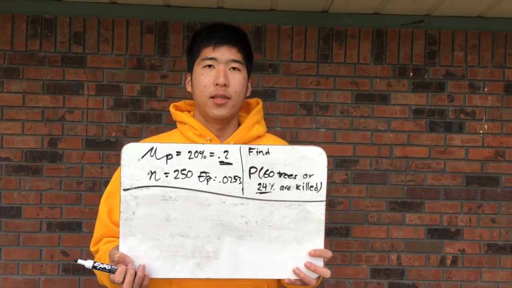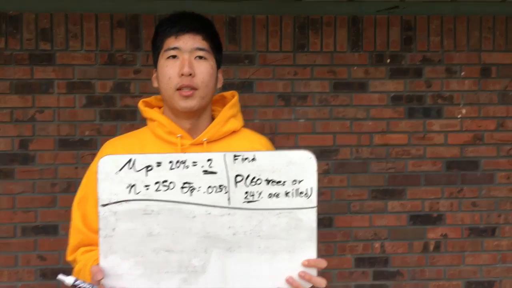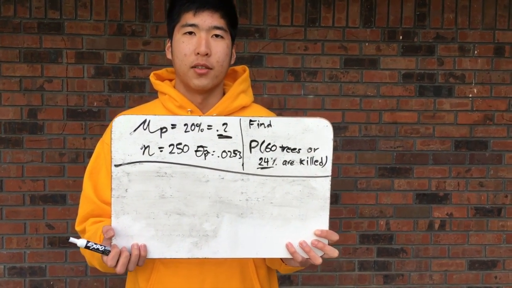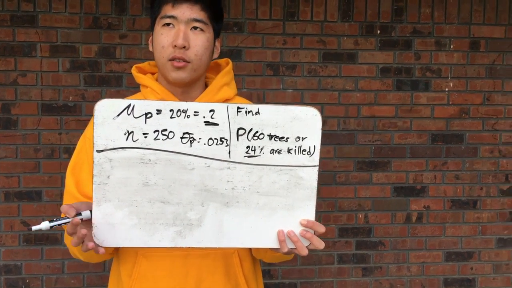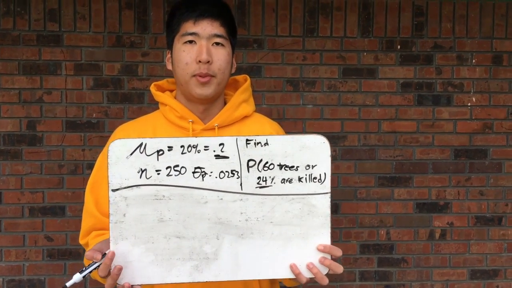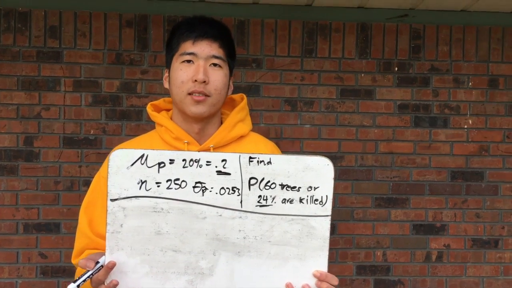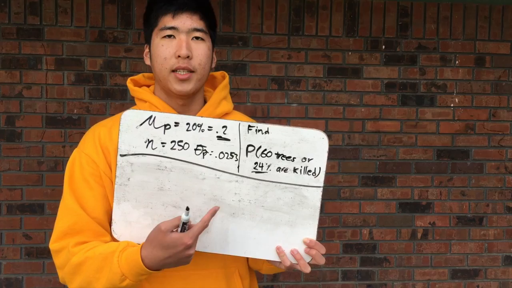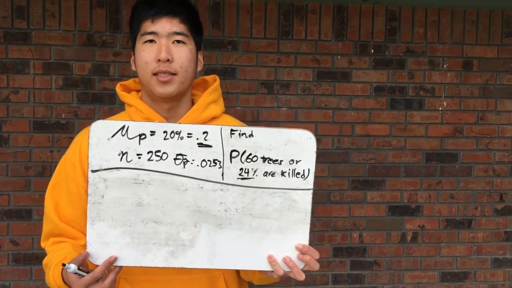Now that we've established the mean and standard deviation of our sample, part B says 60 trees are to be killed, or 24% are to be killed. We're looking for the probability that 24% is going to be killed. Now that we have a 24% mean and a standard deviation, this is a prime candidate for a Z-score.